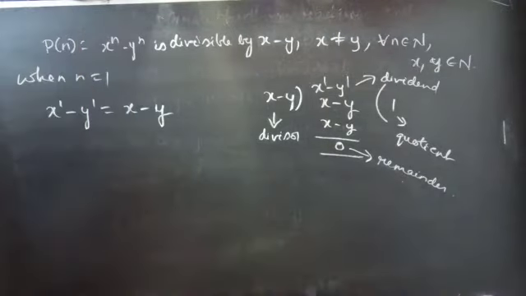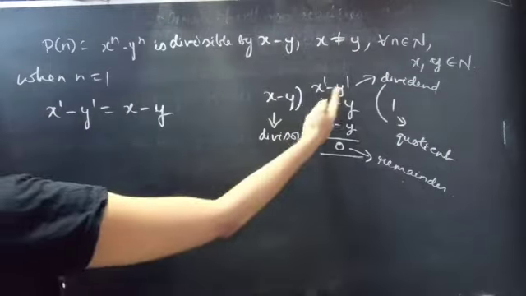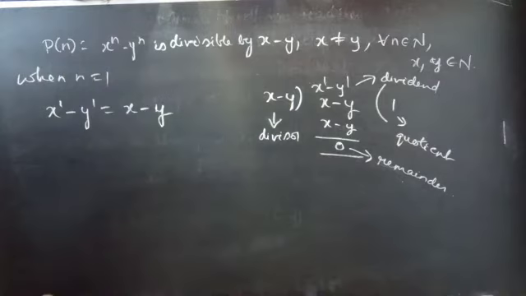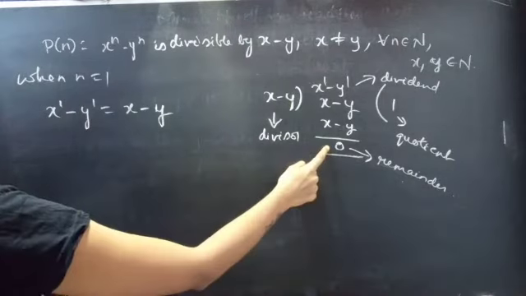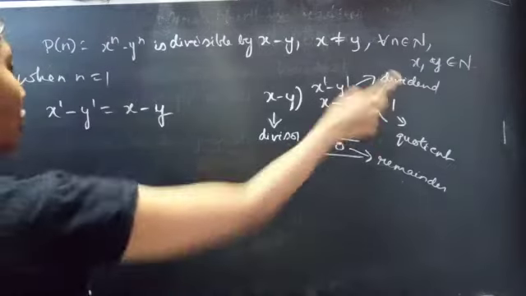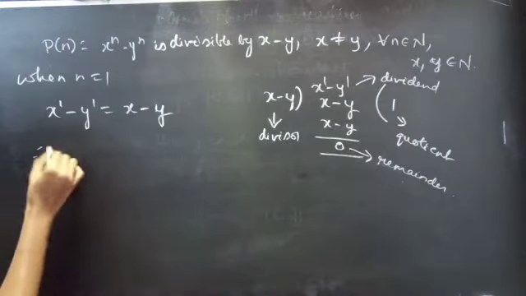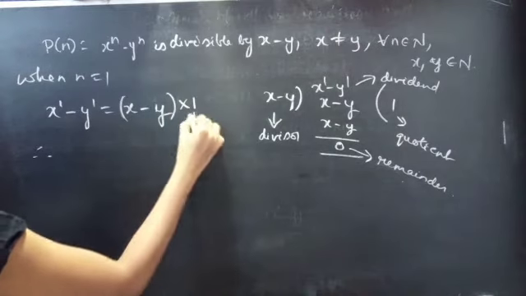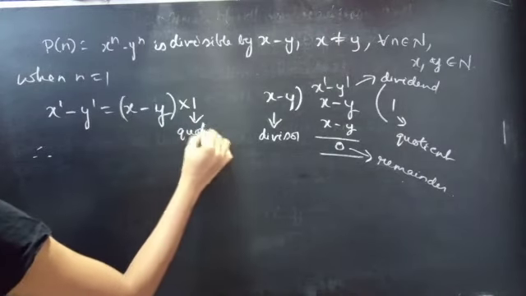Fine. Now, x power 1 minus y power 1 divided by x minus y is divisible. We got remainder 0 and quotient 1, right? Therefore, you can just write this into 1. Here 1 is the quotient.